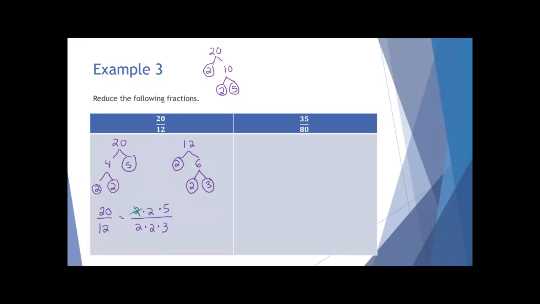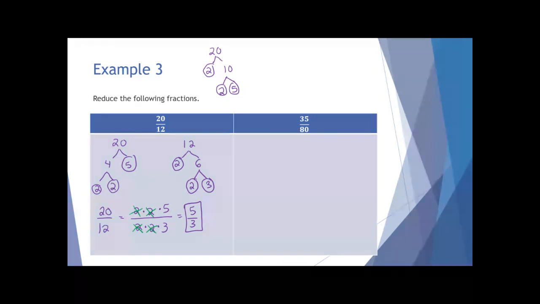Then I can start crossing out things that are in common. And then, yep, we got 5 over 3. And that's the final answer there. Actually, that was less interesting than I thought it was going to be, because still all the 2's canceled, but that's okay. So that's the prime factorization method.